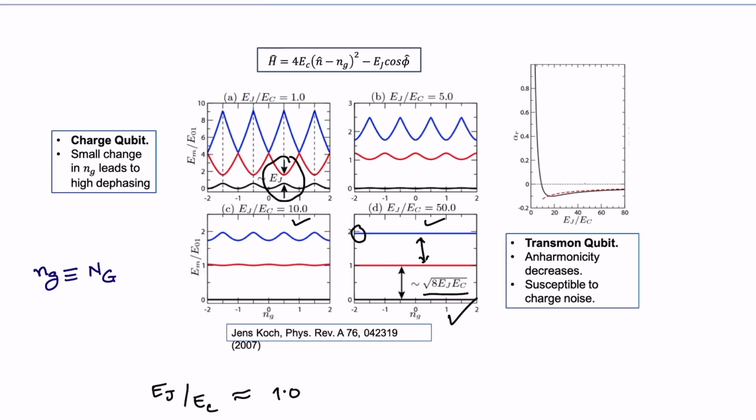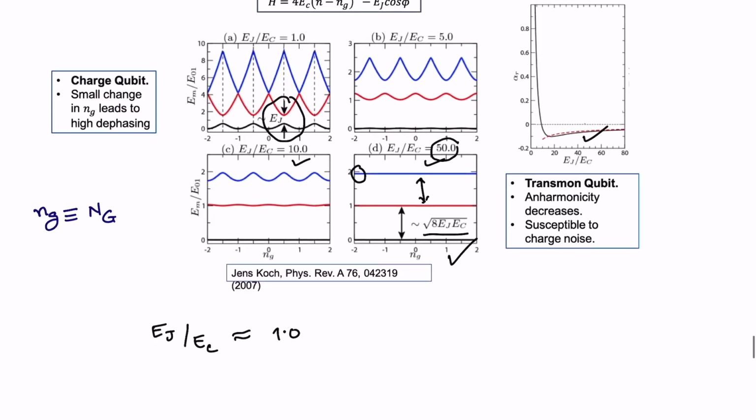If you go on increasing it beyond 50, the anharmonicity is going to decrease further, and you are going to get the usual harmonic oscillator, as can be seen from this plot. So you have to choose the parameters quite judiciously to get your transmon as a two-level atom.